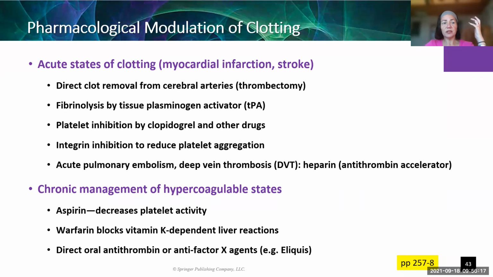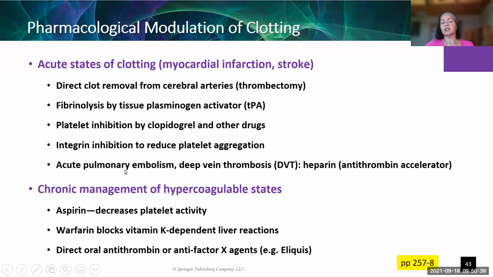Somebody's having a stroke. Then we can do the fibrinolysis to get those clots to break up fast with the tissue plasminogen activator, the TPA. We can have platelet inhibition by clopidogrel and other drugs. Integrin inhibition to reduce platelet aggregation.